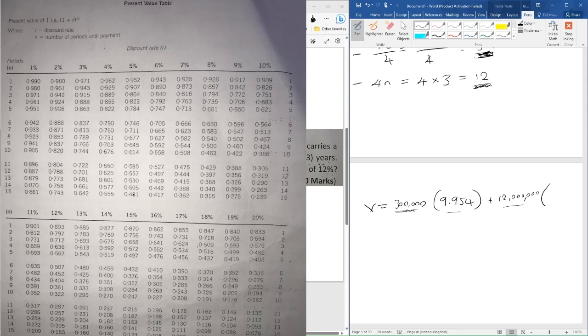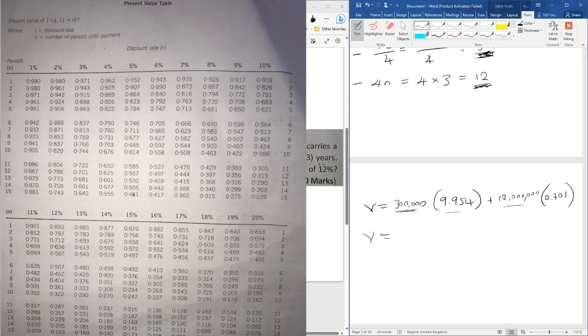And then we are going to go down to what? 12 periods. Our periods have also been converted into quarterly form of 12 periods. So 3% down to 12 will give us a present value interest factor of 0.701. Okay? Once we have that, we can now start calculating to find the valuation of our bond.